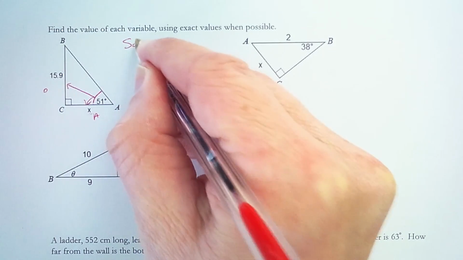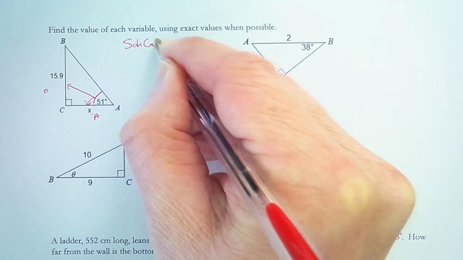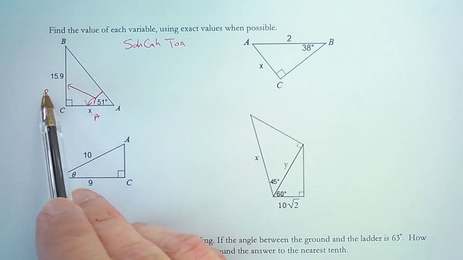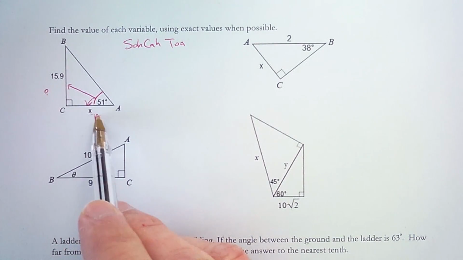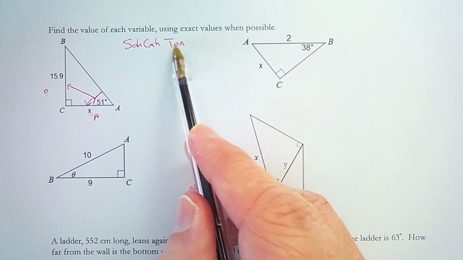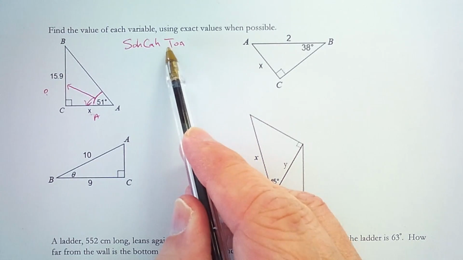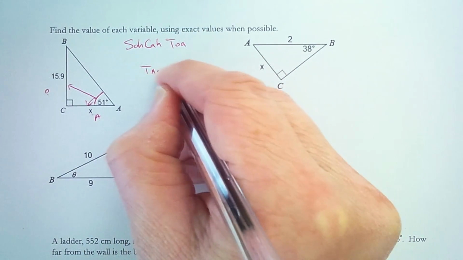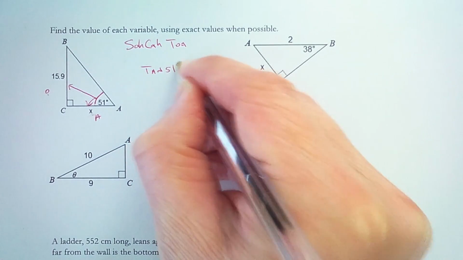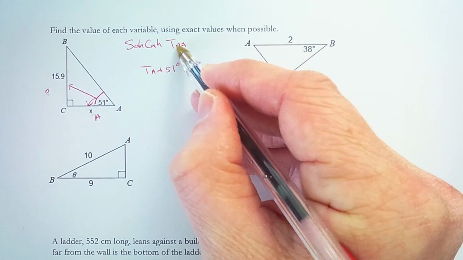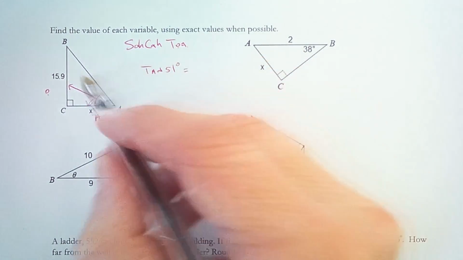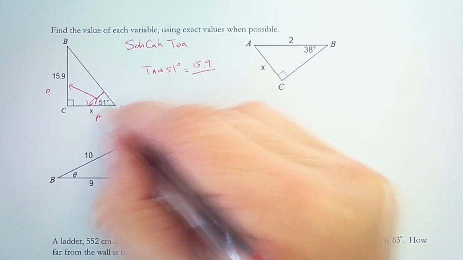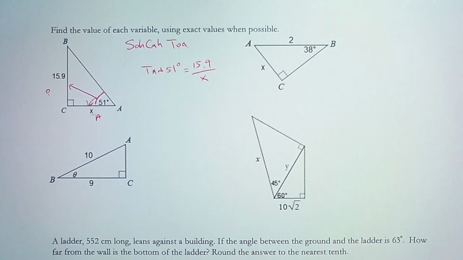So we're going to use SohCahToa. So we've got opposite leg and adjacent leg, O and A. That comes after T for tangent. So we're using tangent 51 degrees equals opposite over adjacent. Opposite 15.9 over adjacent x.